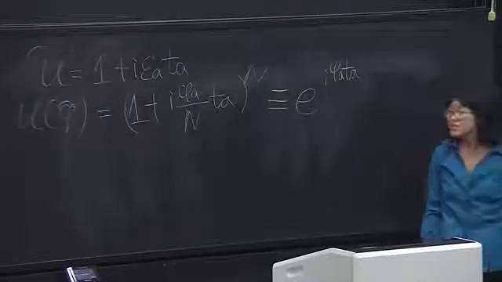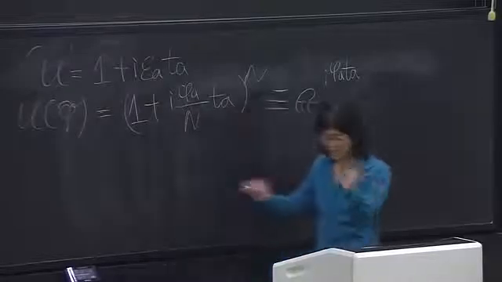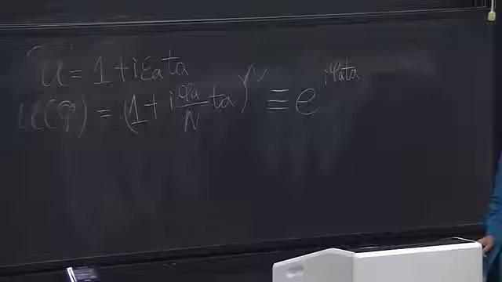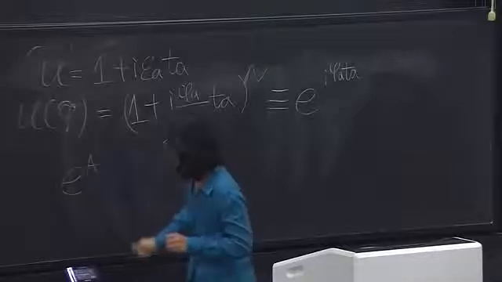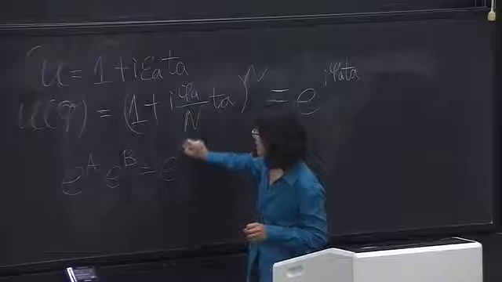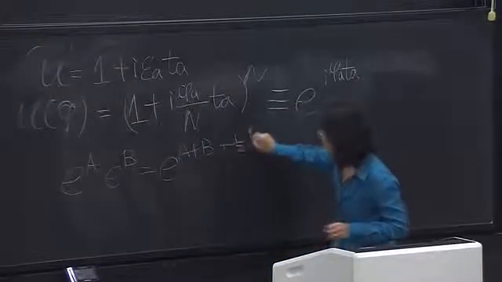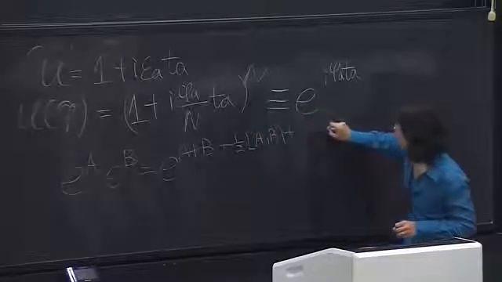So this tells us that we can do finite things as long as we understand the vicinity of the identity. And there is this interesting formula that says e to the a times e to the b is e to the a plus b plus or minus, I forgot, 1/2 [a,b] plus a bunch of other terms.